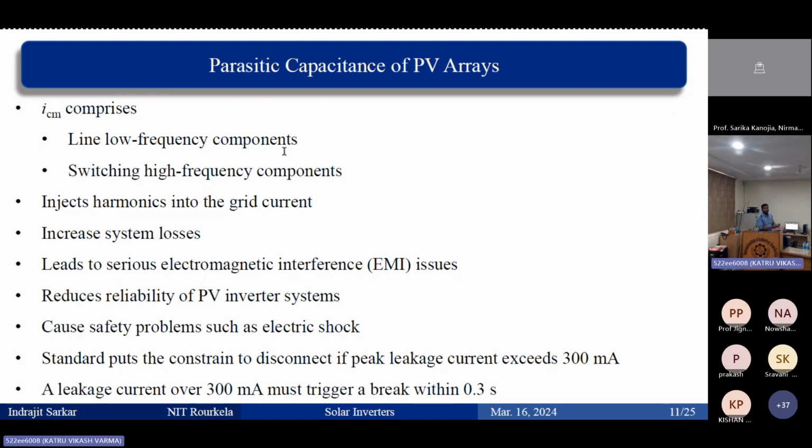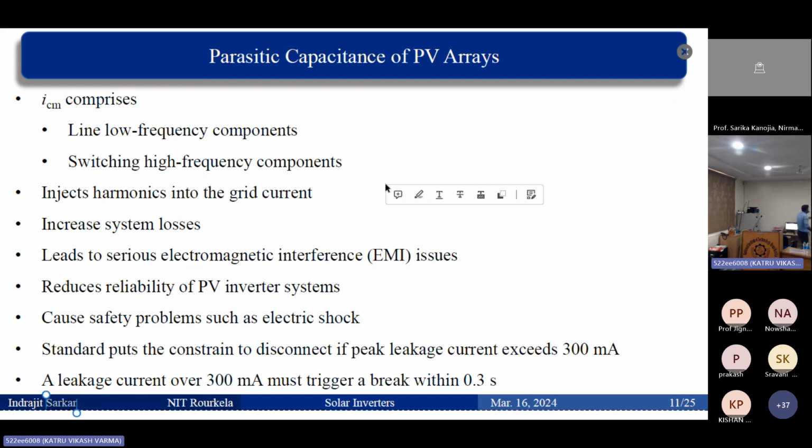That is why every EV charging equipment comes with a PFC, power factor correction converter, so that lower order harmonics are not there, and the current is more or less sinusoidal. Switching frequency, as I already explained, that switching frequency component will be there.